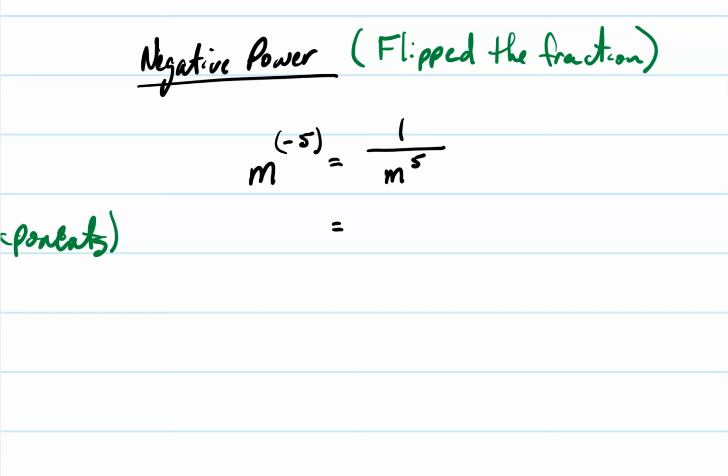So if you think of it that way, you might see that 1 is kind of our placeholder here, an implied initial position. If we start with the number 1 and repeatedly divide by m, if I took the number 1 and divided by m 5 times in a row, it would be the same as multiplying m 5 times in a row in the bottom of a fraction, in the denominator of a fraction.